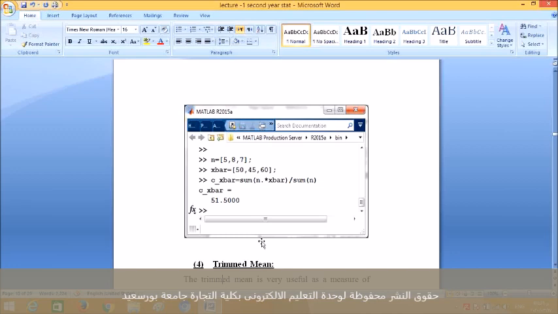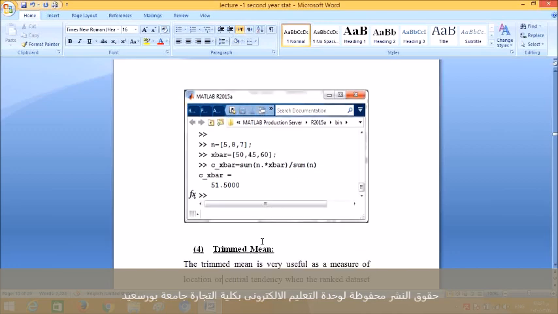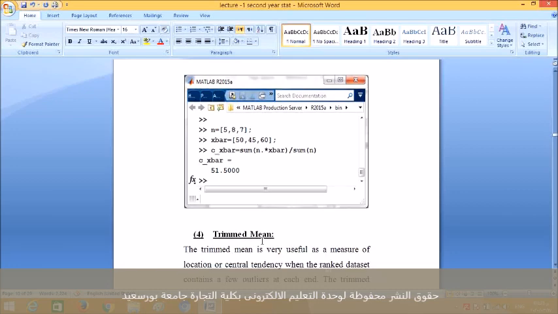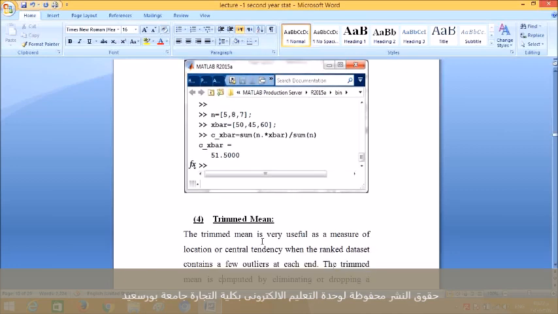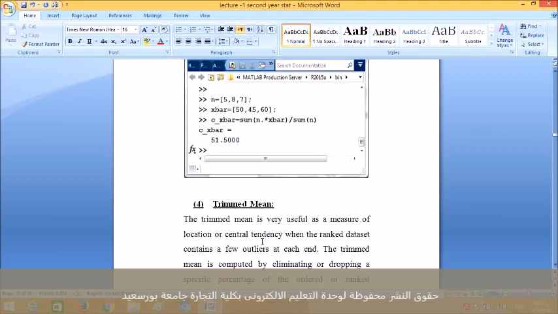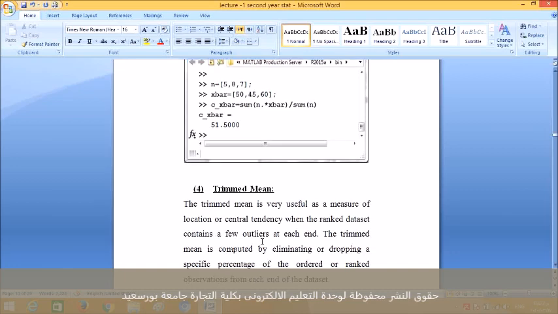Number 4, trimmed mean. Okay, the trimmed mean is very useful as a measure of location or central tendency when the ranked data set mean is computed by eliminating or dropping a specific percentage of the ordered or ranked observations from each end of the data set.